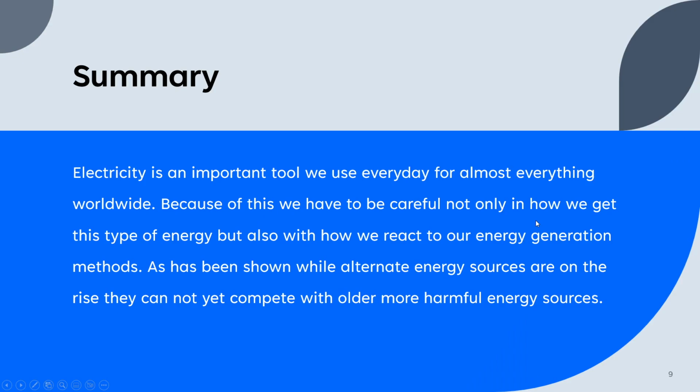This leads me to my summary. Energy is majorly important to our day-to-day life, and even though as a whole we are slowly coming to grips with using cleaner and safer energy sources, we still are using way more oil and gas for power and energy creation than we really should be in an ideal world.